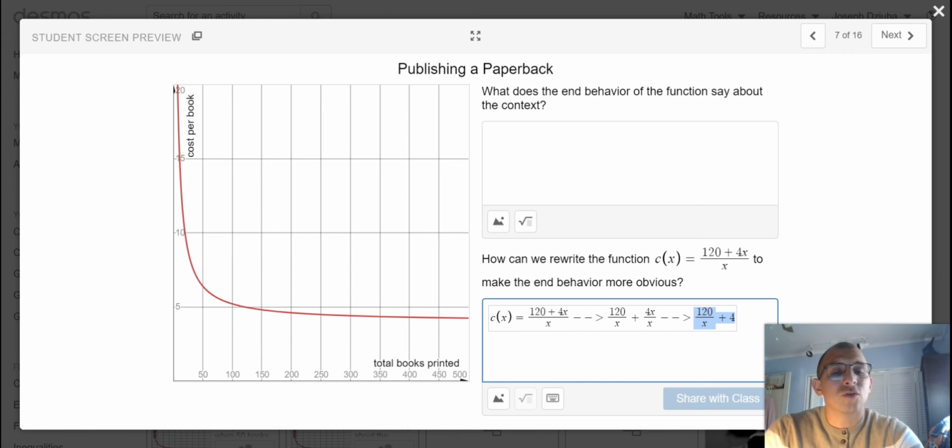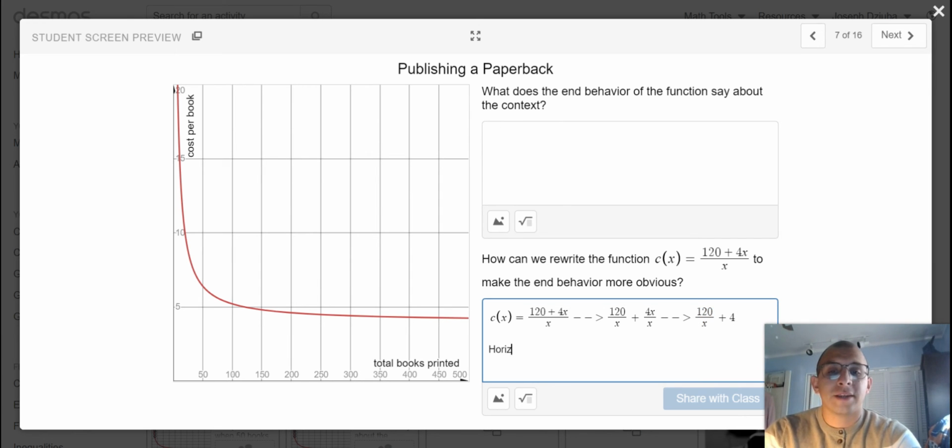And if I were to substitute really large values of x into this rewritten function, you should recognize that the first term will become so strikingly tiny, we can assume it to be behaving like a 0.